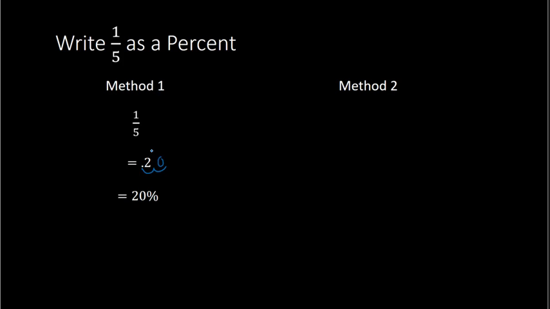Another method is I can create an equation where I know that 1/5 to convert to a percent means something divided by 100. So I can create an equation where I have 1 over 5 equals x over 100. And then from here I can cross multiply to solve. 5 times x equals 1 times 100, so 5x equals 100.